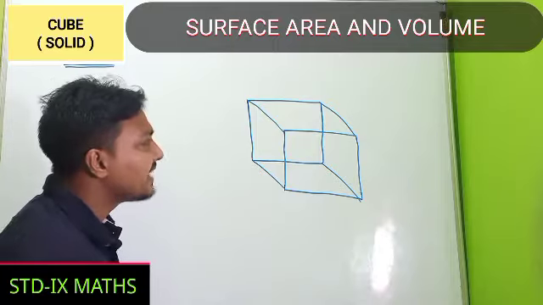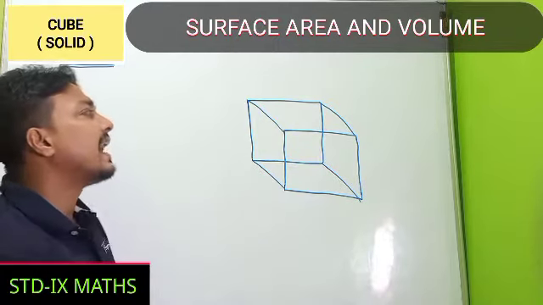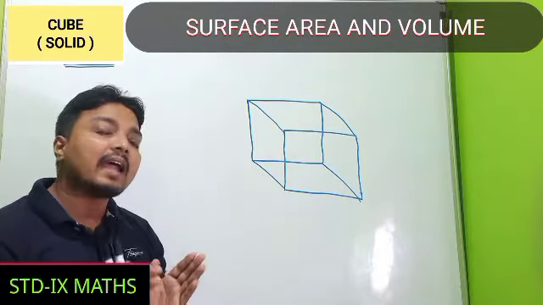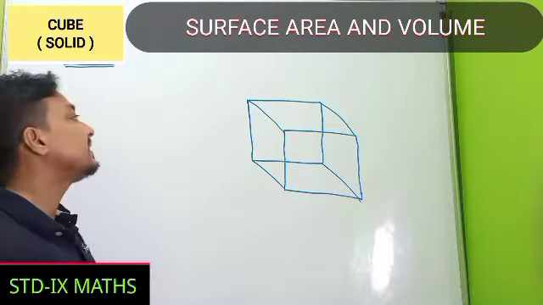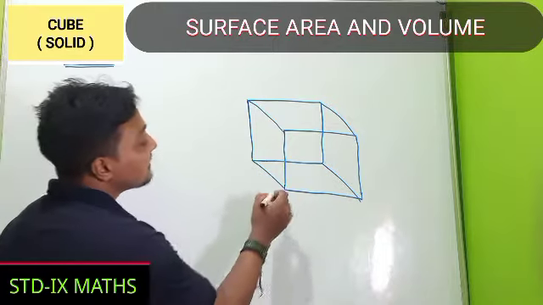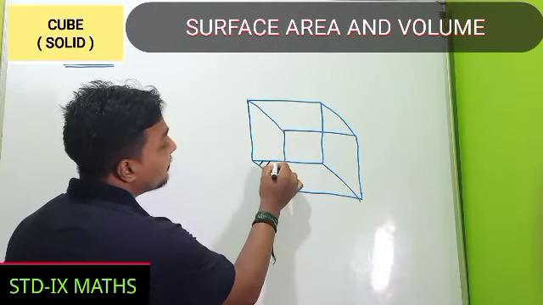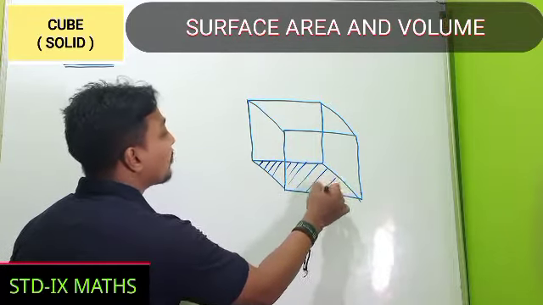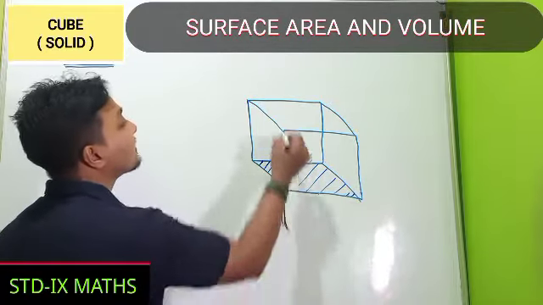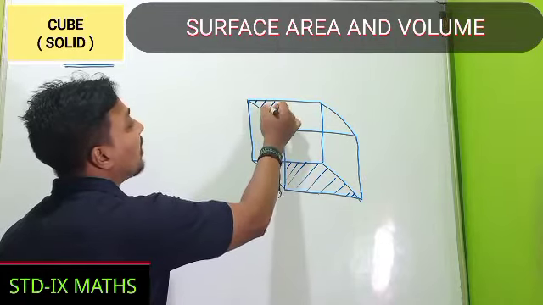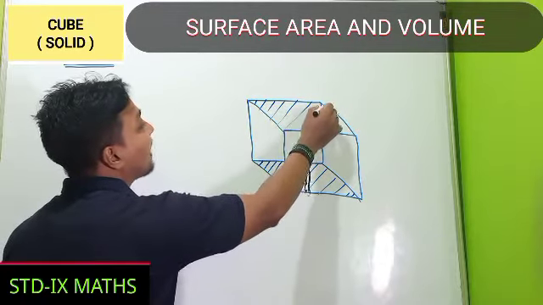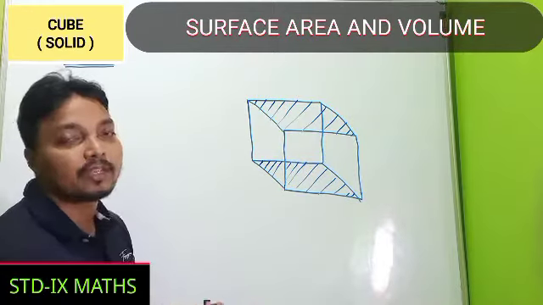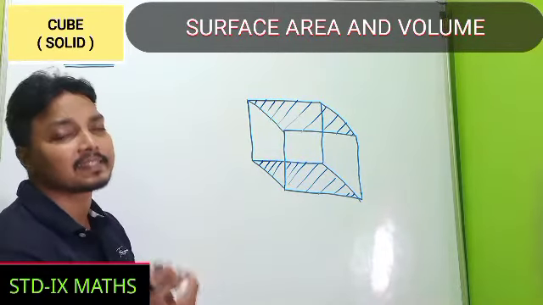In the last days we discussed that the cuboid has 6 faces. Out of these 6 faces, this one is our base, this one is our top, and the faces around the figure we can call lateral faces.